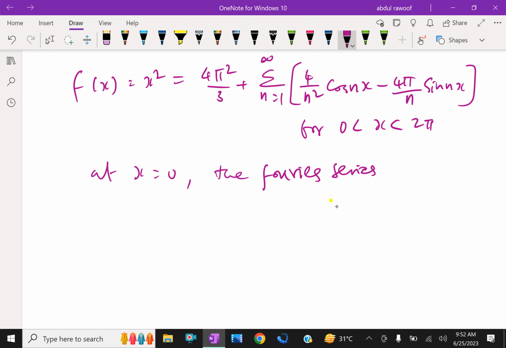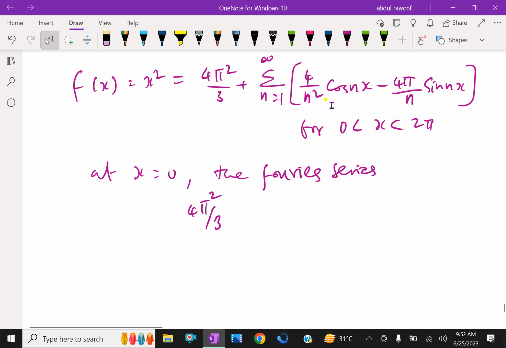becomes 4 pi squared by 3 because we are using x here. Here x equals 0, cos 0 is 1, that is 4 by n square.